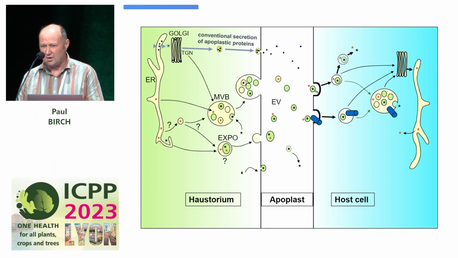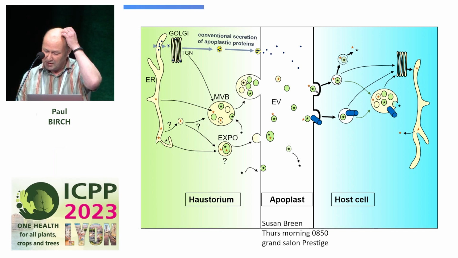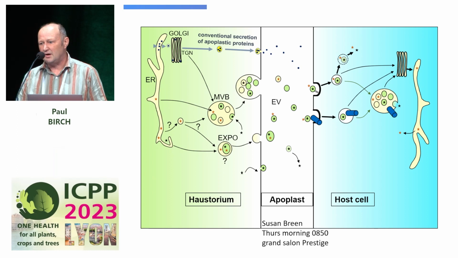So we're still trying to work out exactly what's happening there. We're also interested in their journey between the cells, and there's actually a talk on Thursday morning by Susan Breen from our lab. And she's going to be talking about extracellular vesicles. And we see that a lot of RXLR effectors are either within or associated with EVs.